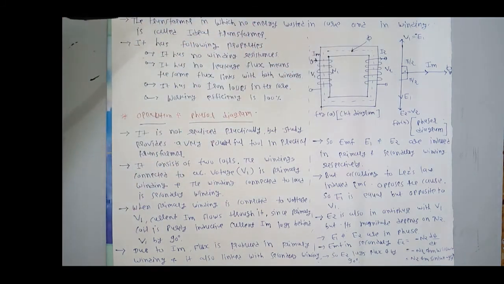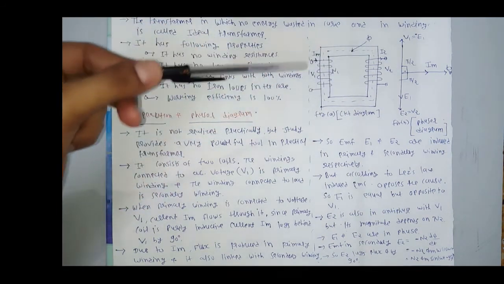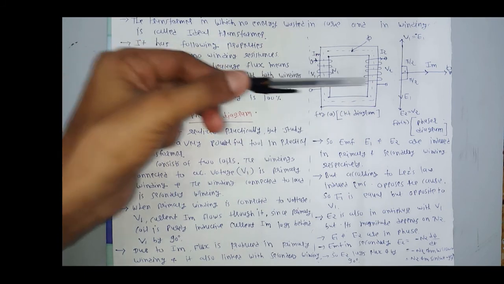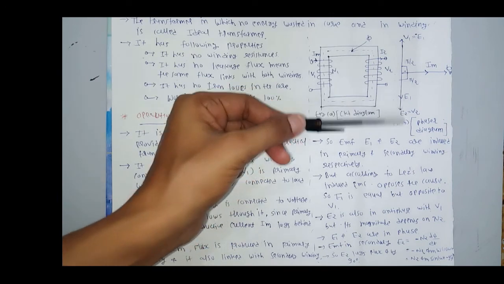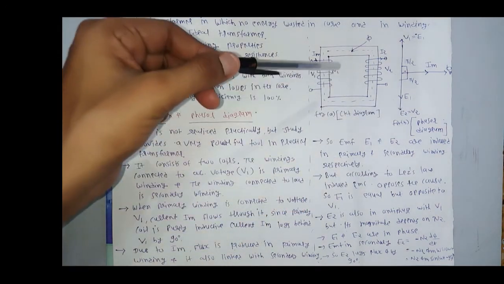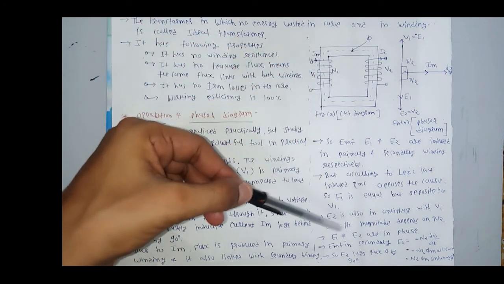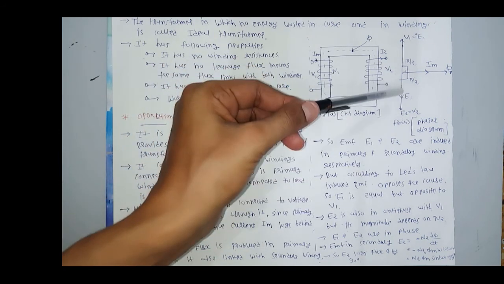We know that in an ideal transformer, this whole flux is linked with the secondary winding. Here, the EMF produced in the primary winding is equal but opposite to V1 as per Lenz's law. Now, EMF is also induced in the secondary winding. This EMF is given by E2. E2 and E1 are both in the same direction.